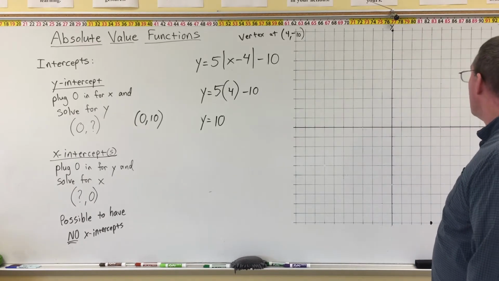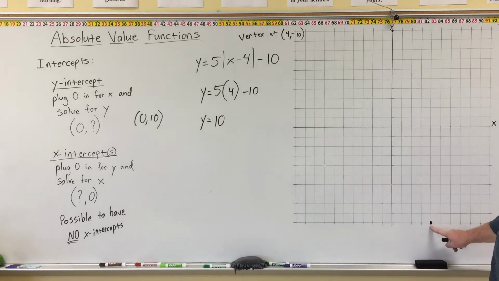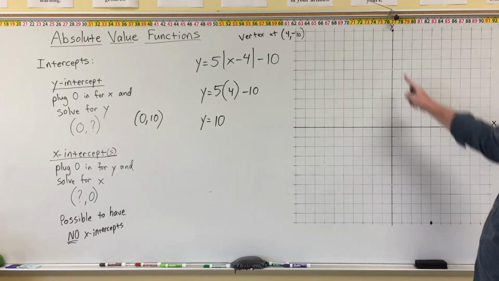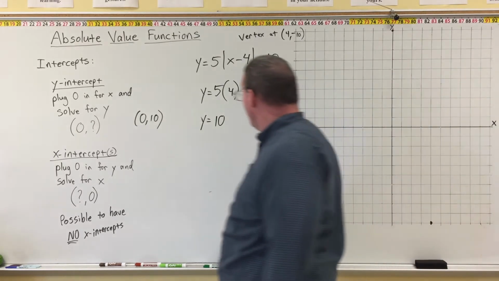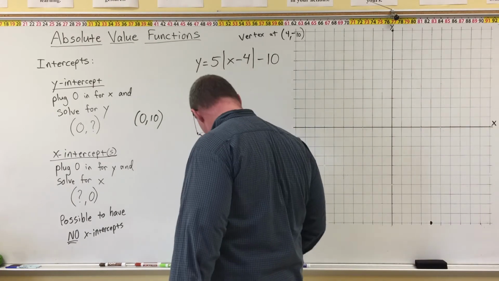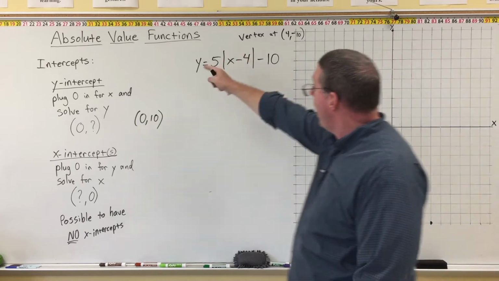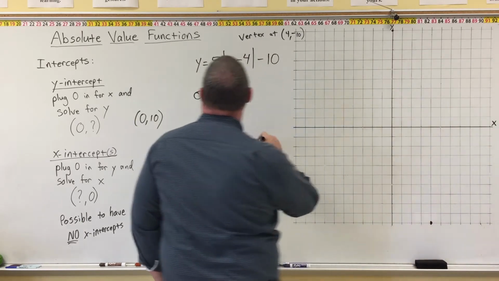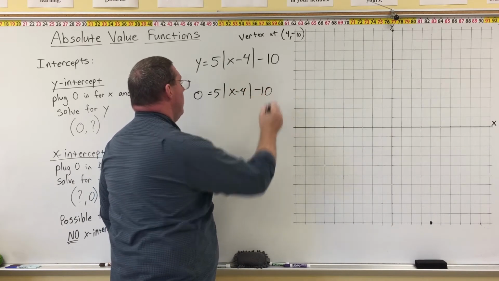And so I can show you, we know that from the vertex, this straight line is going to go from here all the way up through there. So somewhere in between, it's going to cross over the x-axis. So we know there are x-intercepts. So now for the x-intercepts, we're going to plug in 0 for y. So we're going to go 0 equals 5 times the absolute value of x minus 4 minus 10.